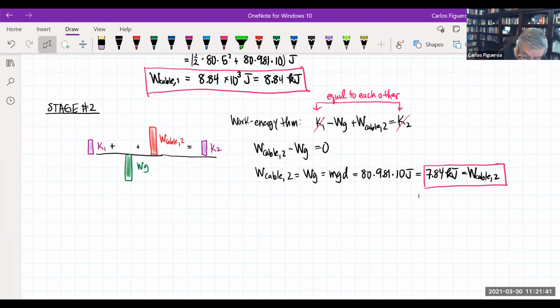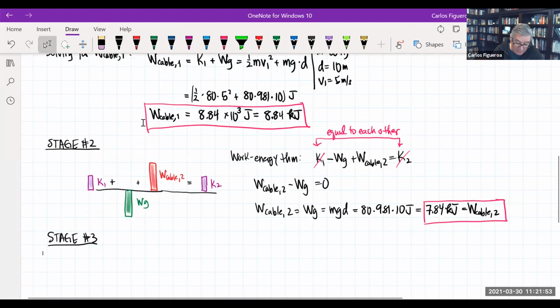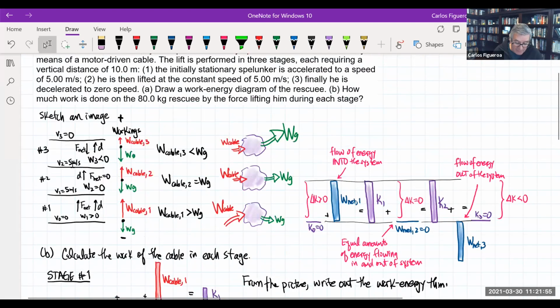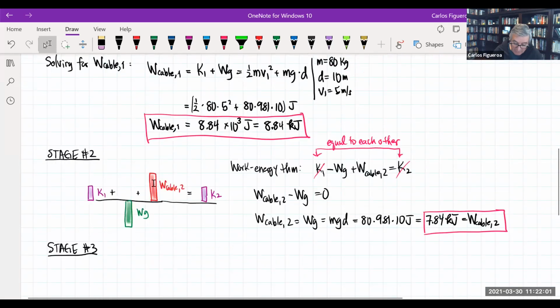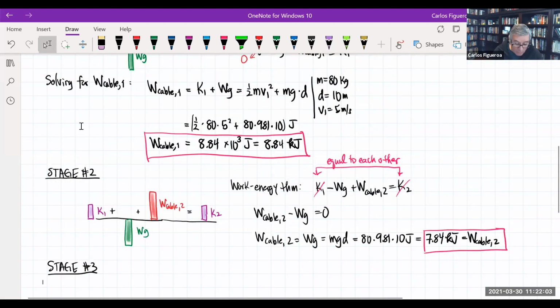So if I go to stage 3, what's my picture now? Well, my picture shows that we're starting off at some high kinetic energy, K2. That hasn't changed. It's still the same right here. But this time, what has to happen?